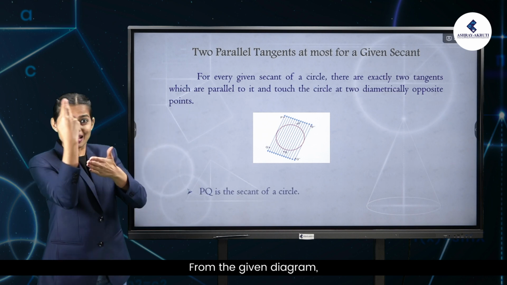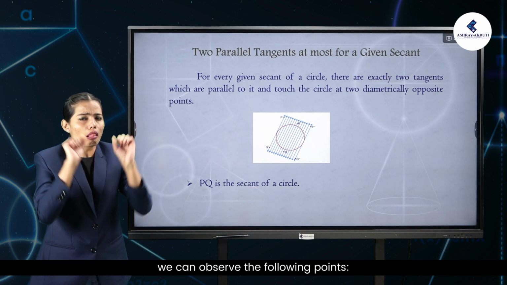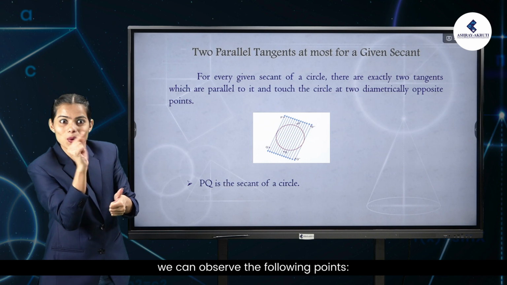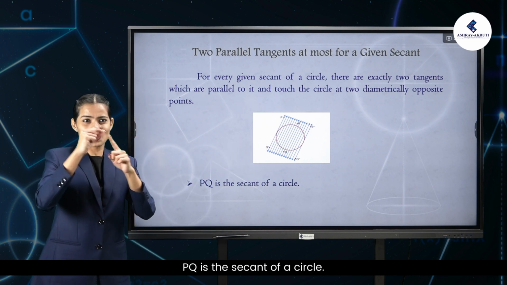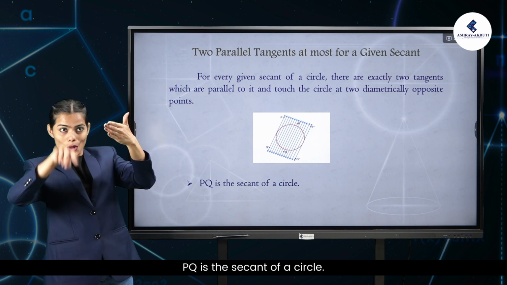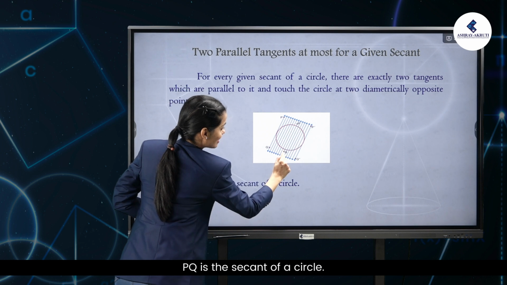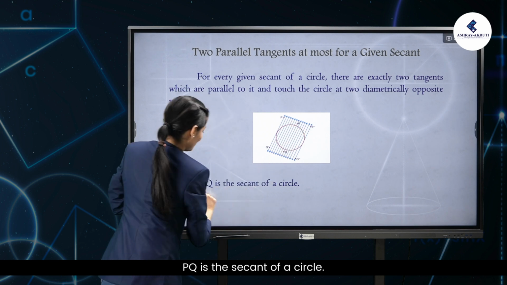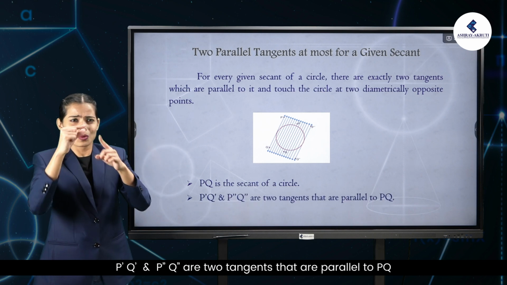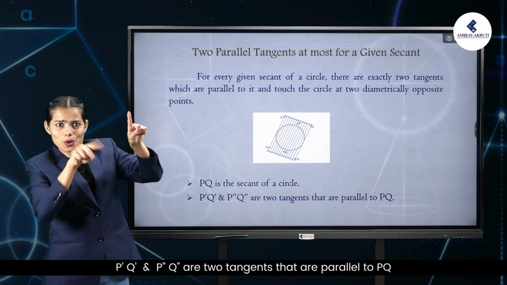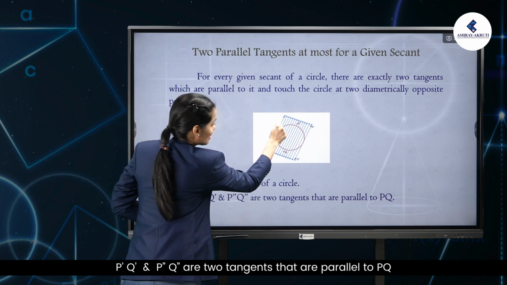From the given diagram, we can observe the following points. PQ is the secant of a circle. P' Q' and P'' Q'' are two tangents that are parallel to PQ.